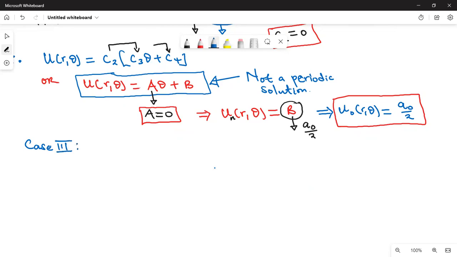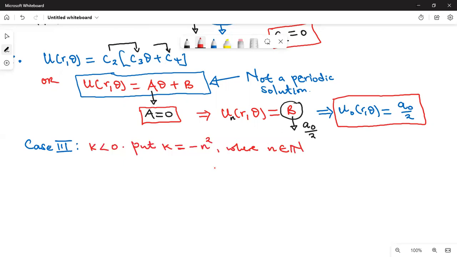So this is the case where k is less than 0. And in particular, we are going to put k equals, now it is negative, of n squared, where n is not equal to 0, n belongs to the set of natural numbers.